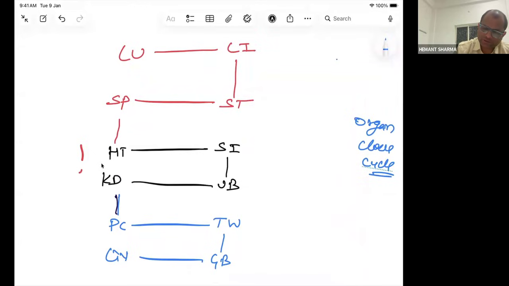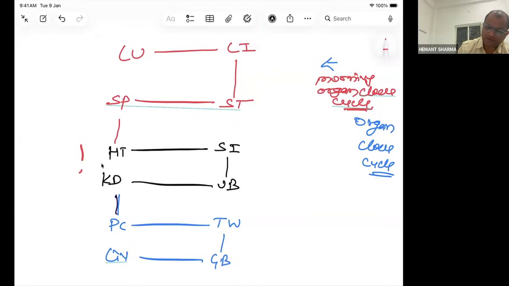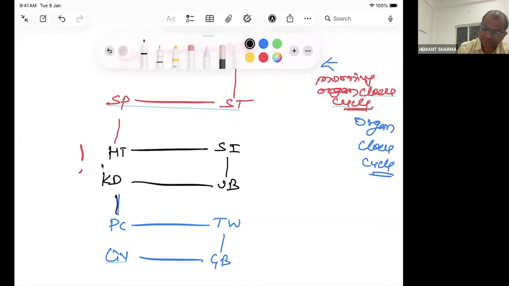The step number 1, I have made with a red color. This is the morning organ clock cycle. Then I made with the black color. This is the day organ clock cycle. Then I made with the blue color.